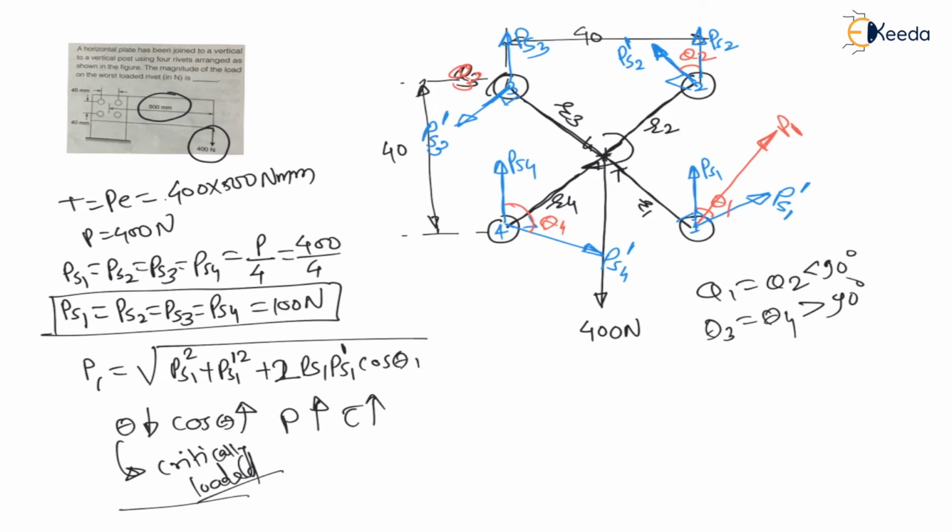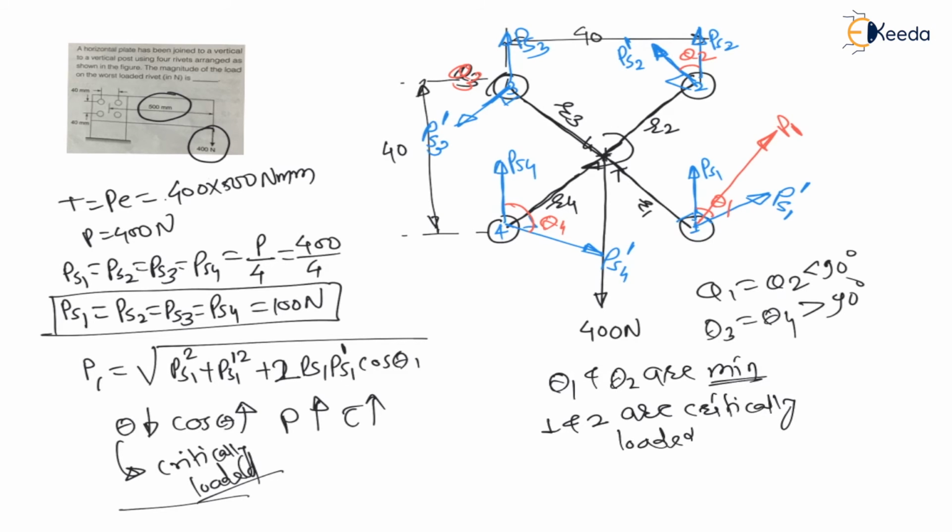Now therefore I can say theta 1 and theta 2 are minimum, therefore rivet 1 and rivet 2 are critically loaded. Therefore we have to find load 1 or load 2. This is your question.